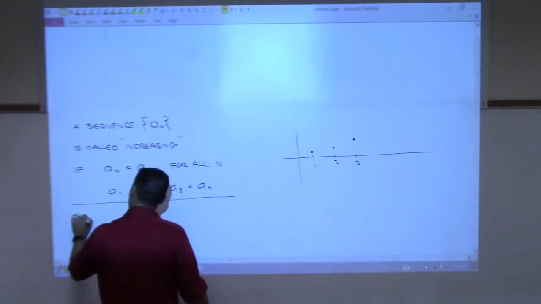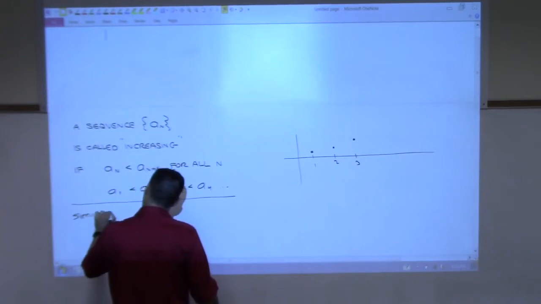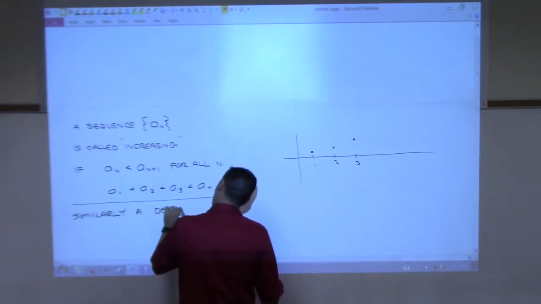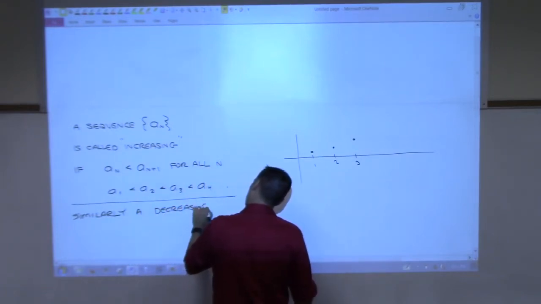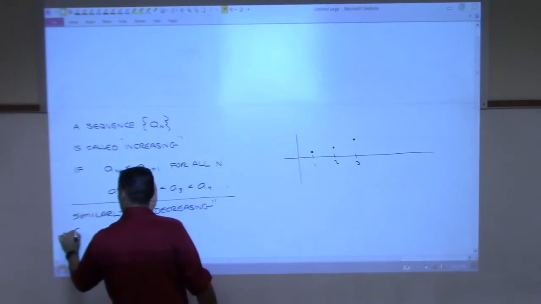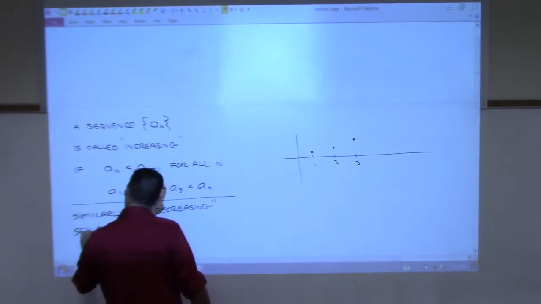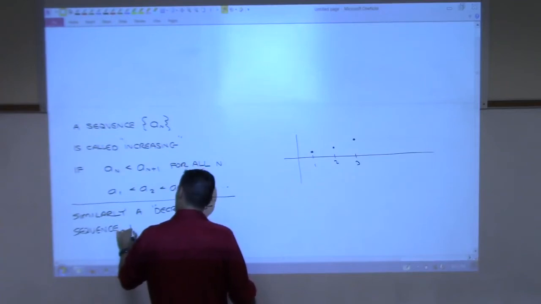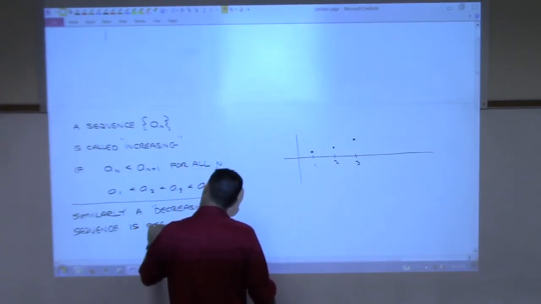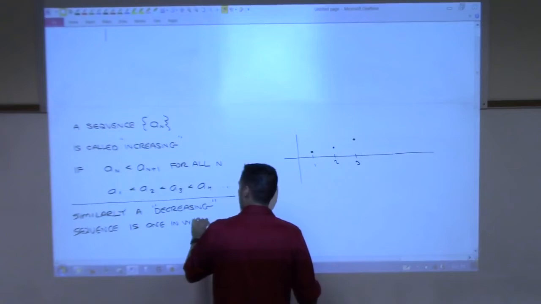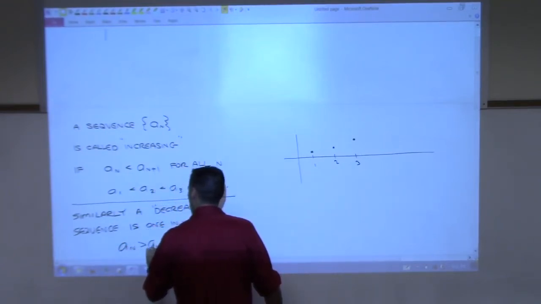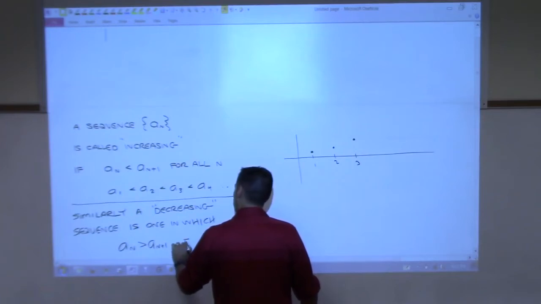Similarly, a decreasing sequence is one in which a sub n is bigger than a sub n plus 1 for all n.